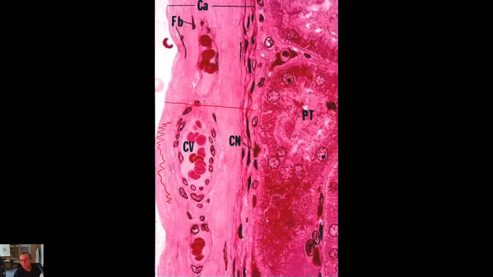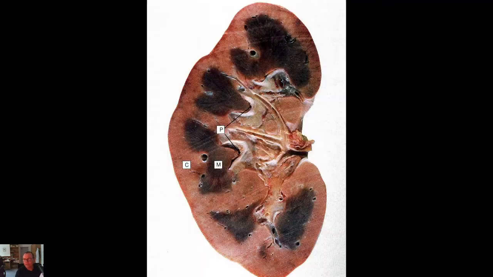Its deeper layer is composed of loose connective tissue here, and in between there are some vessels which are supplying the tissue. And immediately under the capsule is the renal cortex.